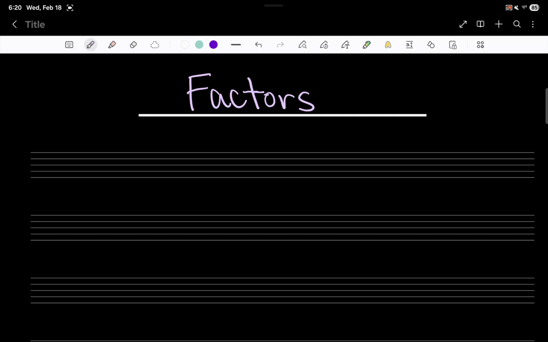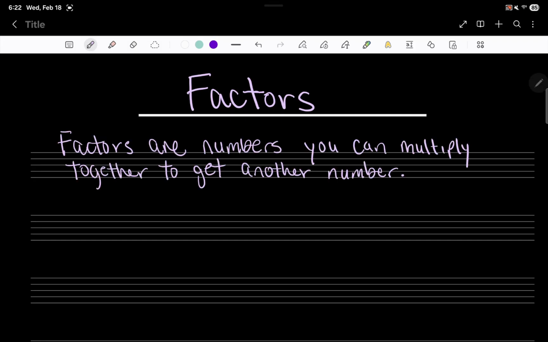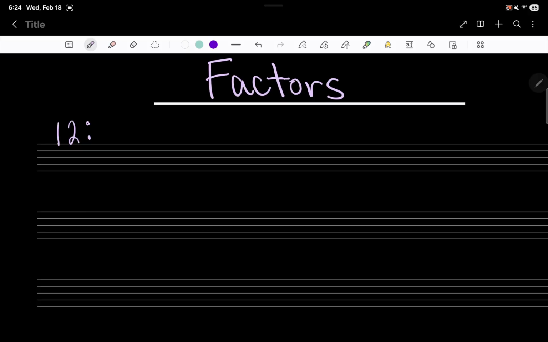Today we're going to be focusing on factors. Factors are numbers you can multiply together to get another number. So let's look at the number 12. We know that we can multiply 1 times 12 to equal 12.